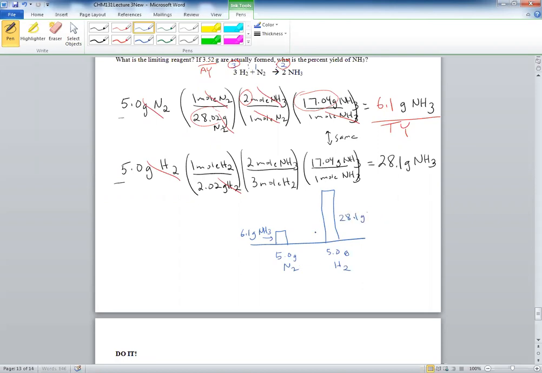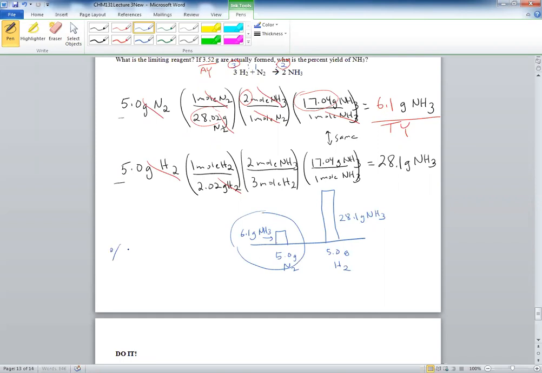But the question then comes, think about it. If the N2 runs out once you make 6.1 grams of NH3, where is the rest of the N going to come from to get to 28.1? After all, ammonia has both the nitrogen and the hydrogen. So again, this would be our correct amount.